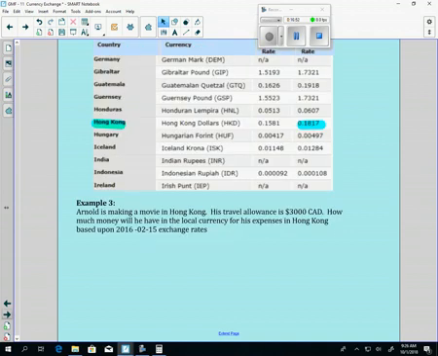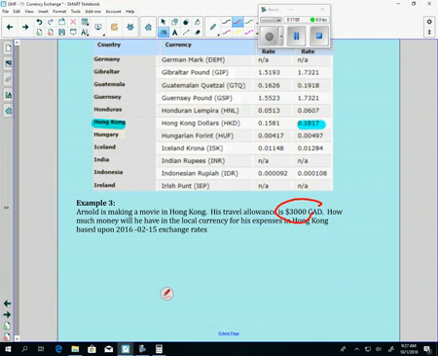And the last one I'm going to show you is Arnold, maybe Schwarzenegger, is making a movie in Hong Kong. His travel allowance, how much he's taking with him for spending money, is $3,000 Canadian. How much money will he have in the local currency for his expenses in Hong Kong? So I go back here, I look for Hong Kong, I have to buy the money.